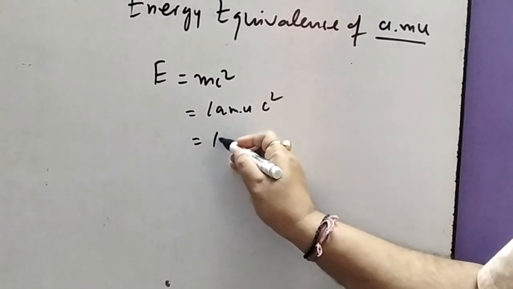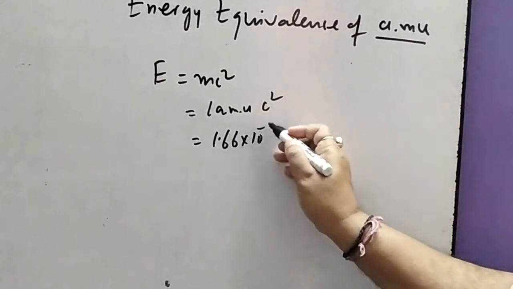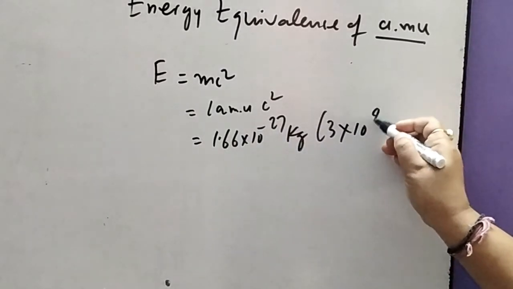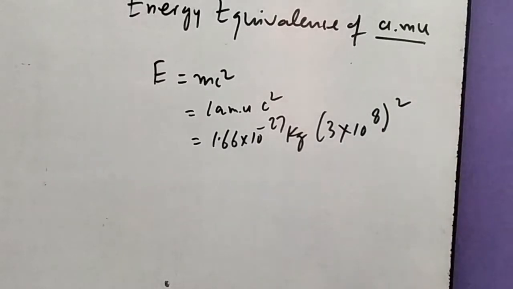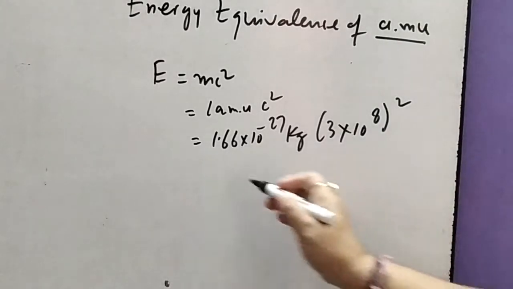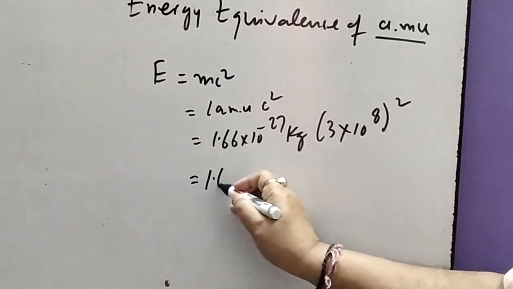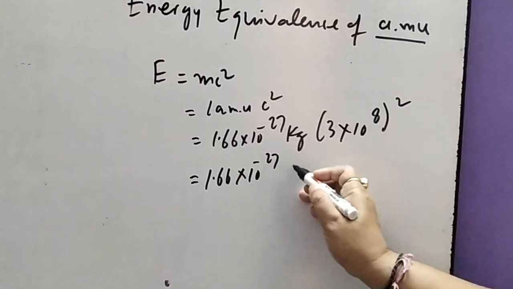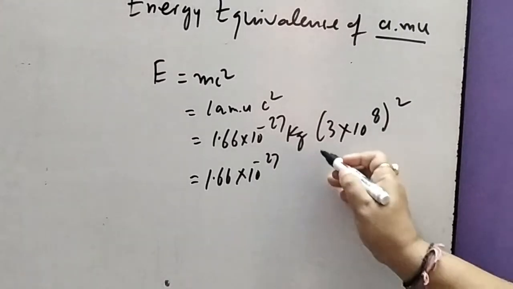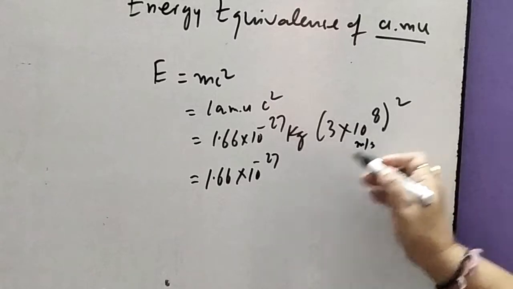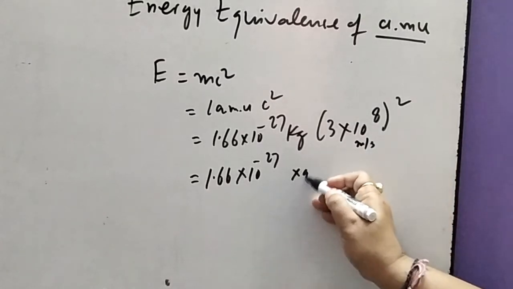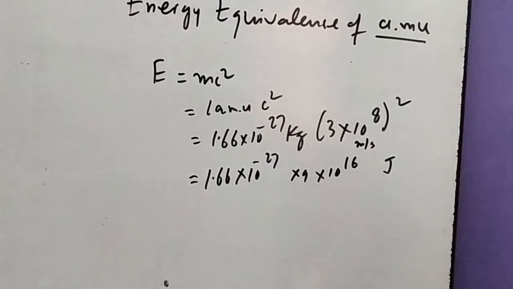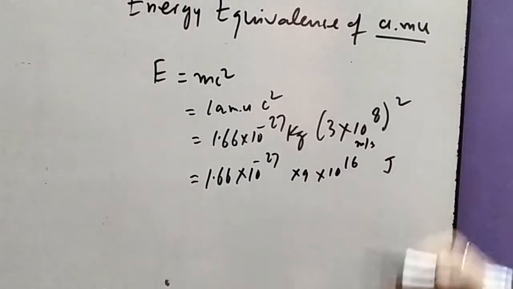1 amu is 1.66 into 10 to the power minus 27 kg, and c is 3 into 10 to the power 8, whole squared. If we multiply them, 1.66 into 10 to the power minus 27 into 9 into 10 to the power 16, and this is in joule.